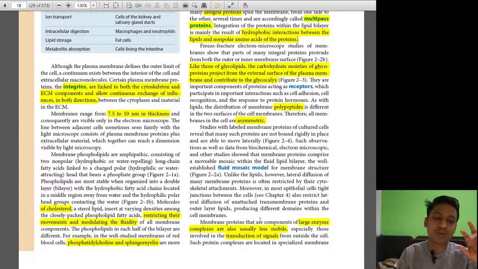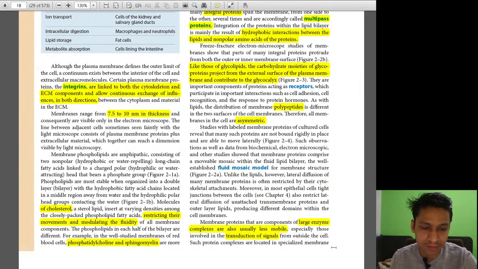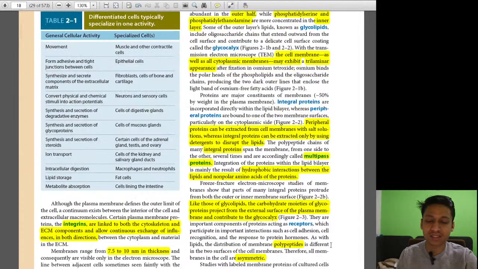We read about the types of proteins we have in our membrane, but some membrane proteins are components of large enzyme complexes, which makes them less mobile, and they are mostly the proteins responsible for transducing signals from outside the cell to inside the cell. Let's check how such protein complexes are located in specialized membranes.